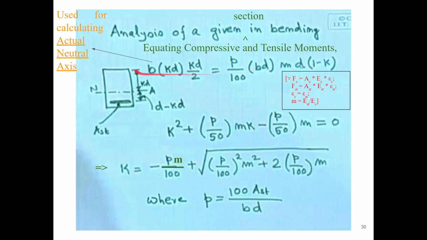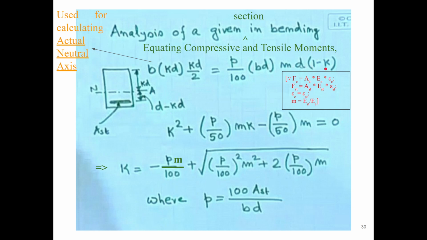For that we equate the compressive and tensile moments. I have written hints here on how we have calculated. Moment is nothing but force into the lever arm. The lever arm is kd by 2 for this portion, and for this portion it is d into 1 minus k.